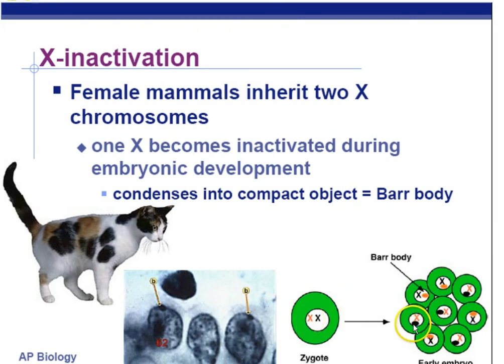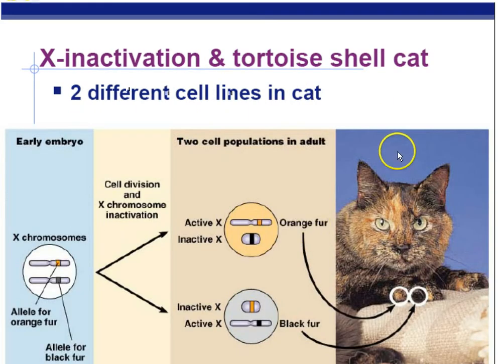If the black fur allele is on the inactivated X chromosome, the inactivated Barr body, then the brown fur allele will be the one that's expressed for all the cells that come from that and produce brown fur, in the cells that were divided during embryological development and later on in the cat's life. That's the same thing that's going on with tortoiseshell cats. It's either orange fur or black fur, depending on which one gets turned off and becomes a Barr body, that determines what color fur is being made from that group of cells.